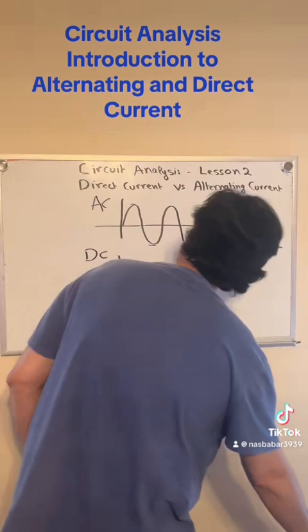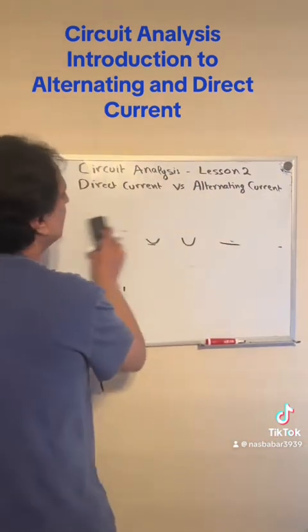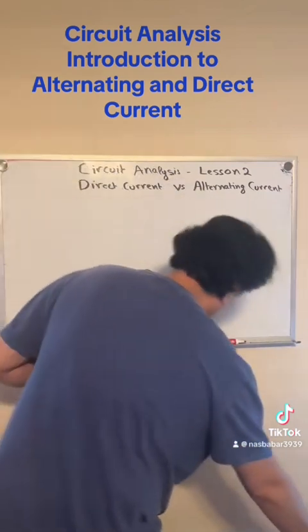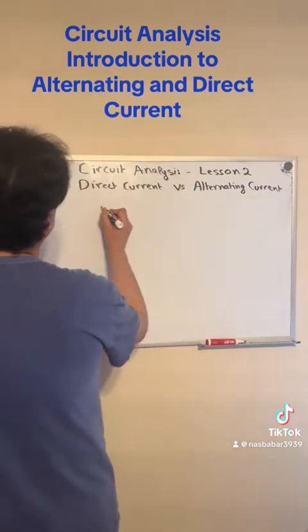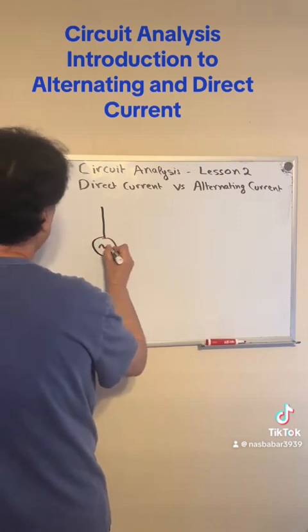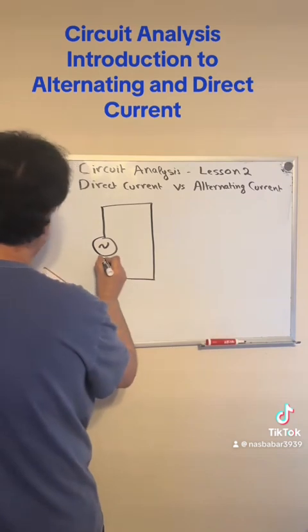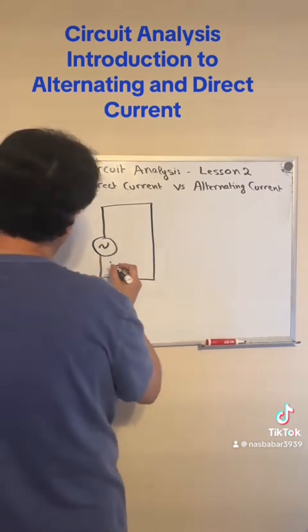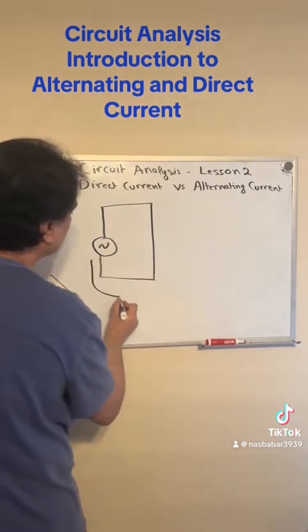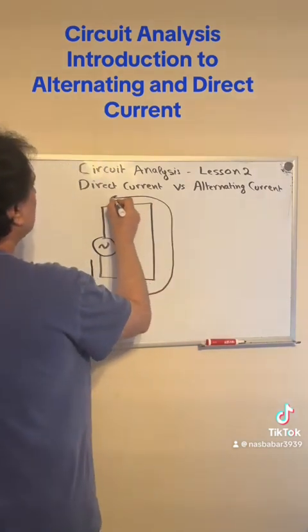Another thing I can quickly go over is this, which basically represents alternating current, okay? You have current going in both directions. It's going in this direction in one cycle, all right?